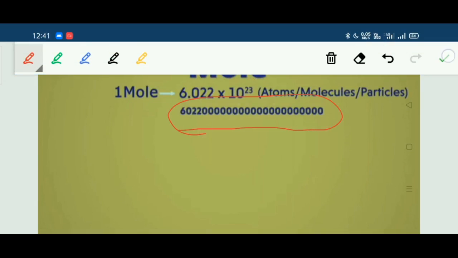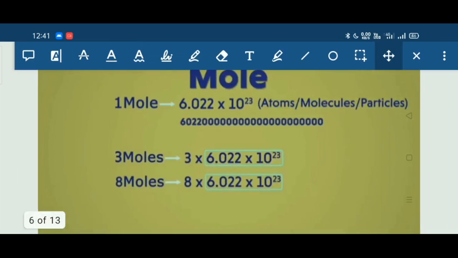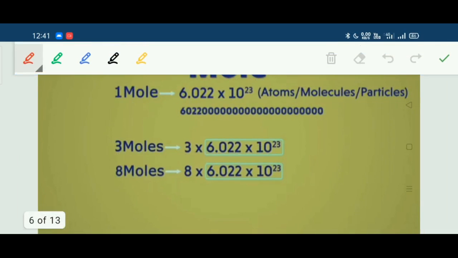And this means that if a substance contains 3 times this number, that means 3 times 6.022 × 10^23 particles, then we can say that substance is equal to 3 moles.